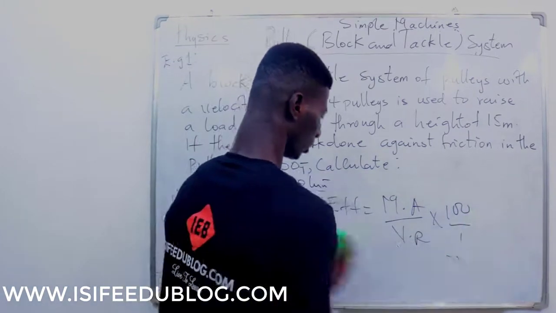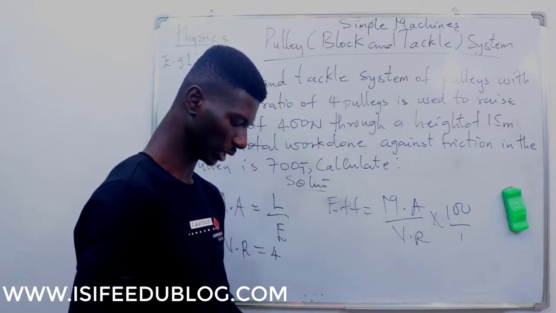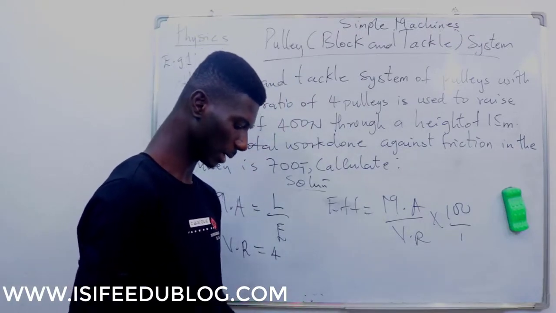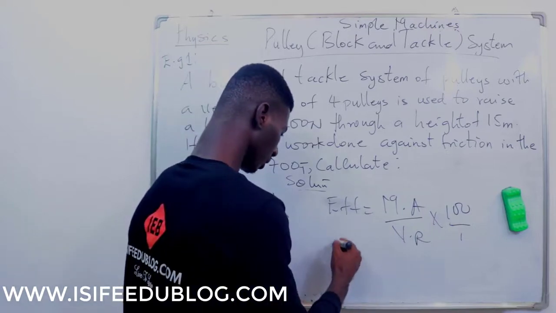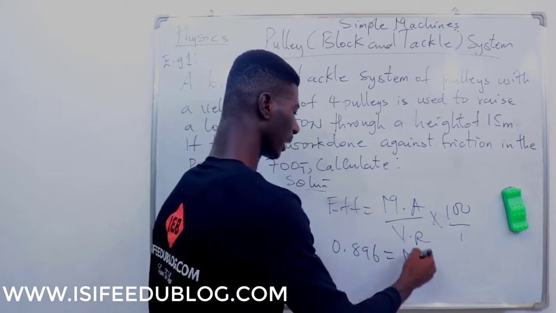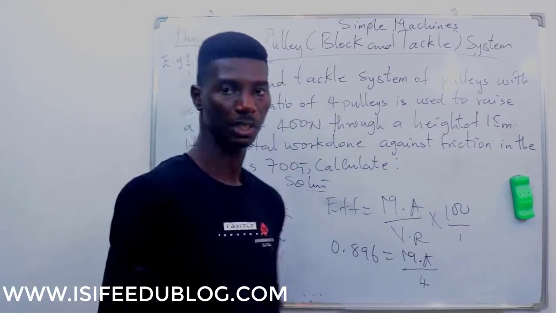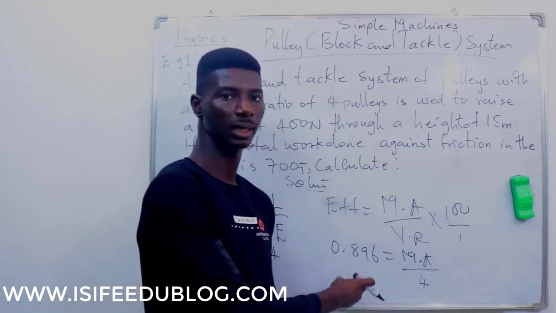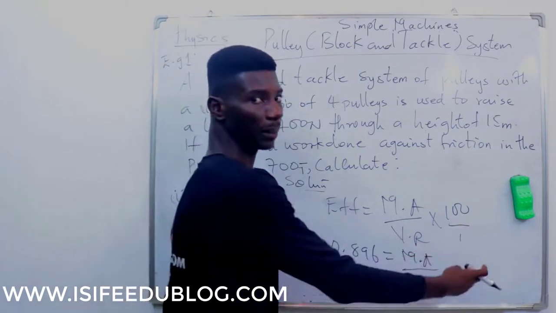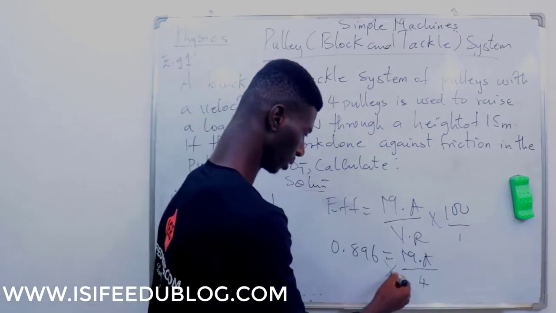Look at what I mean by that. I can simply punch in my calculator 89.6 divided by 100. So that will give me 0.896 is equal to mechanical advantage divided by 4. So this is always easier. Even for the JAMB, it's always easier to divide your percentage by 100 and remove the percentage aspect. So we just cross multiply.